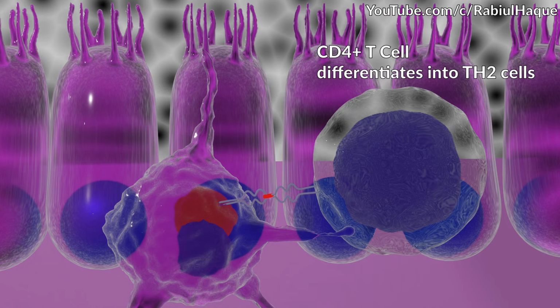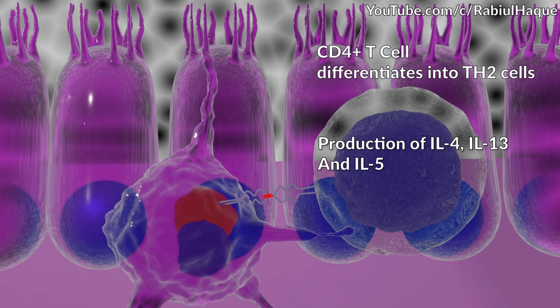And always remember, T helper 2 cells will begin to produce interleukin 4, interleukin 13, and interleukin 5. Particularly, interleukin 4 is very important because, as we will see, interleukin 4 is required for immunoglobulin E class switching.